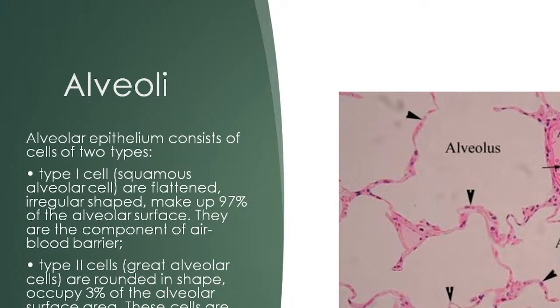Brush cells are also present in the alveolar wall, but just a few. They may serve as receptors that monitor air quality in the lung. Alveolar macrophages, or dust cells, are found in the alveolar wall or free in the alveolar space. They are derived from blood monocytes.